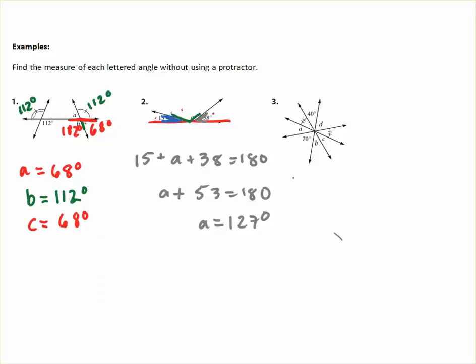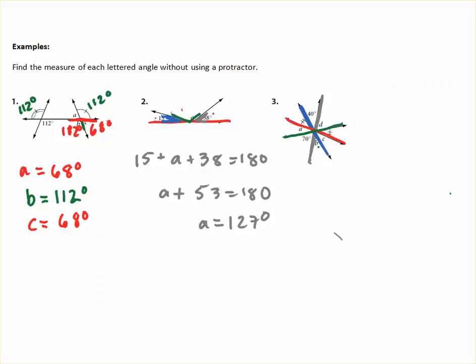For the last one, these kind of pictures can get a little confusing. One of the things that helps me see where things are coming from and who goes with who is to actually take each line and make it its own color. And then it's really easy for me to see where the angles go.